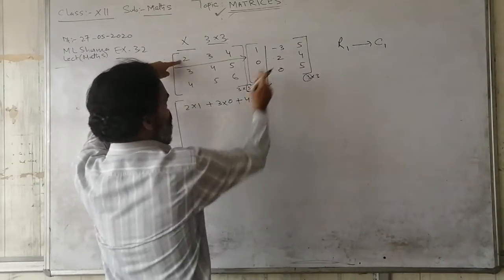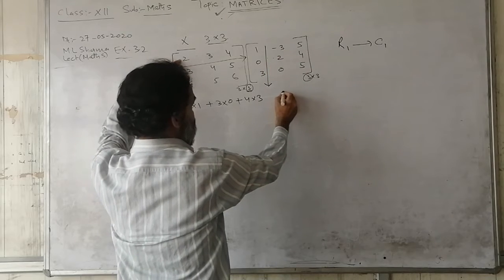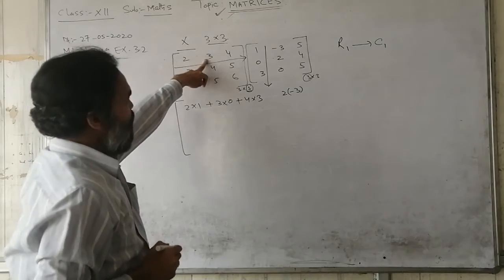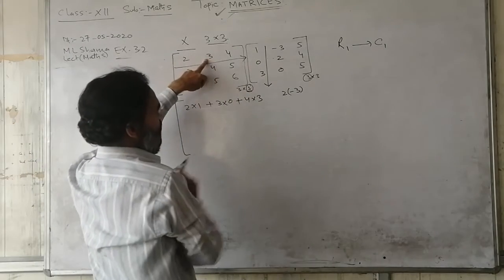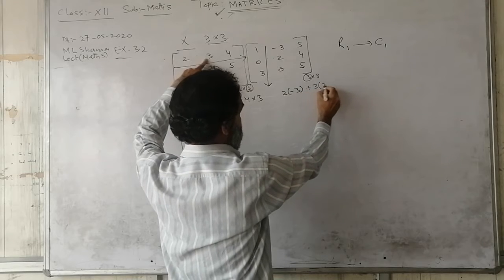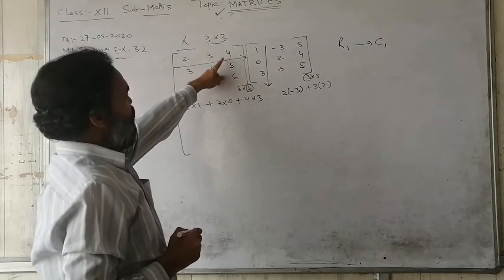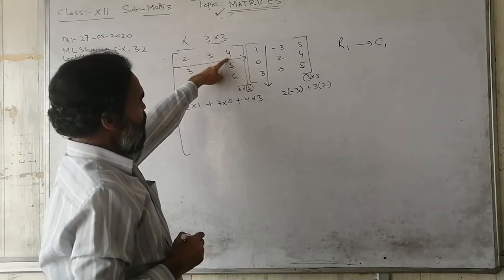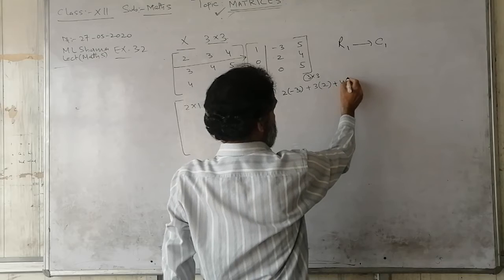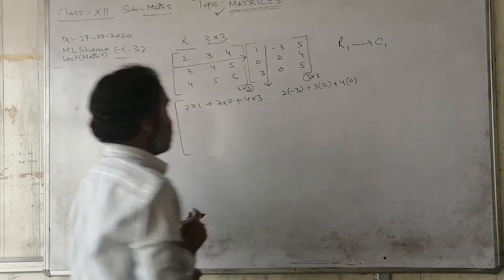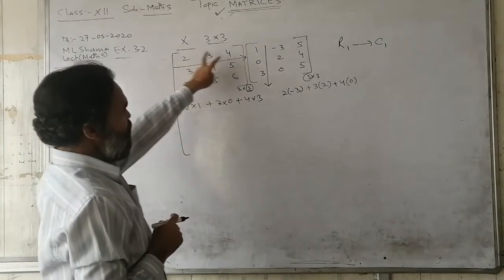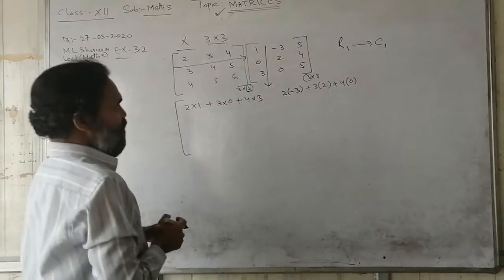Again the row R1 elements are to be multiplied by column C2 elements. So this 2 multiplied by minus 3 gives 2 into minus 3. Then 3 is multiplied by 2, giving 3 into 2. Then 4 of the same row is multiplied by 0. Then the first row elements are multiplied by the third column elements.